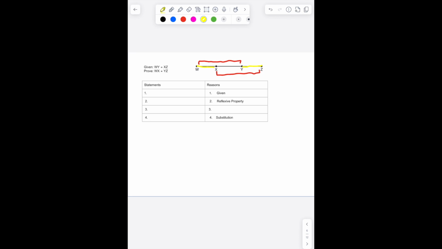And I'm actually going to write out the subtraction over here at the bottom before we fill in the 2-column statement reason proof that's provided here. I'm starting with WY. And to WY, if I subtract off this piece right over here, which was XY, I get WX, which is what I wanted to end up with.